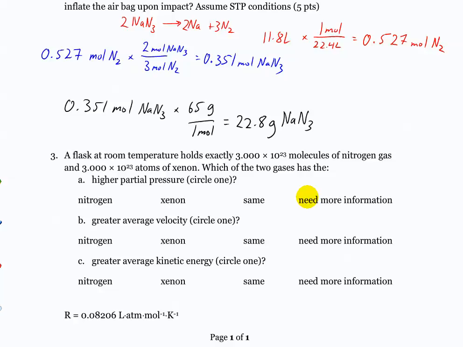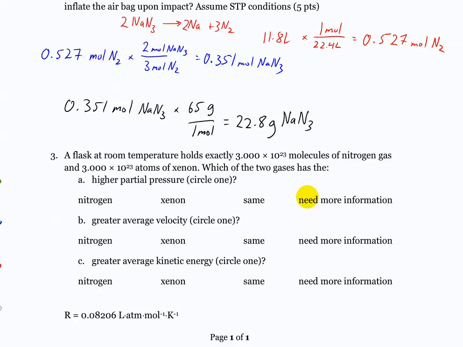Okay, and then this final one was straight from the book, except that I gave you some values instead of, I think the book just says equimolar amounts. A flask at room temperature holds about half a mole of nitrogen gas and about half a mole of xenon. Which of the two gases has the higher partial pressure? It's the same. Why?